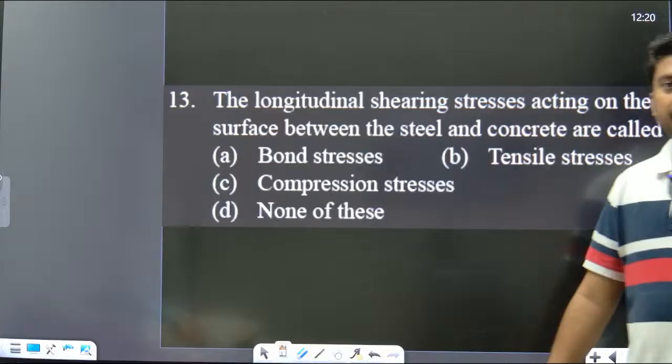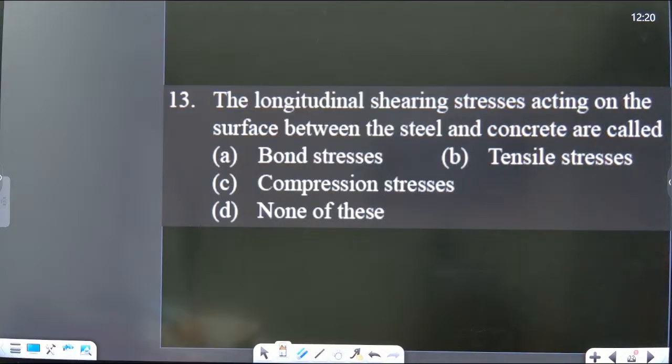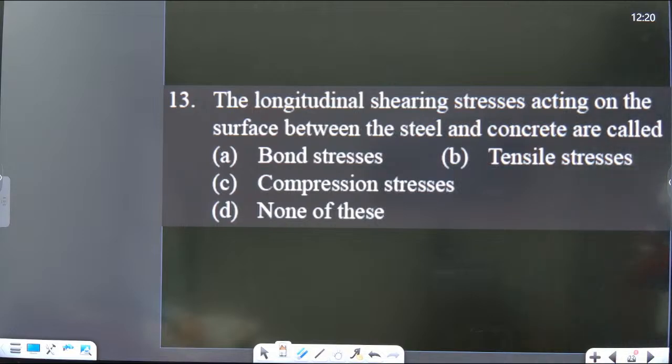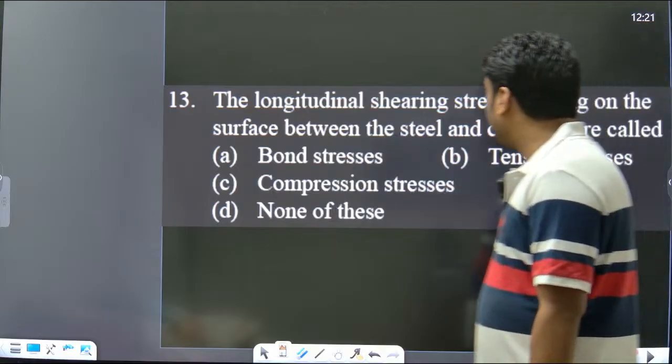Answer this question, guys. What will be the correct answer? The longitudinal shearing stress acting on the surface between the steel and the concrete are called the longitudinal shear stress.